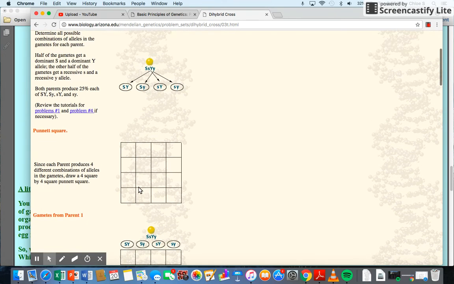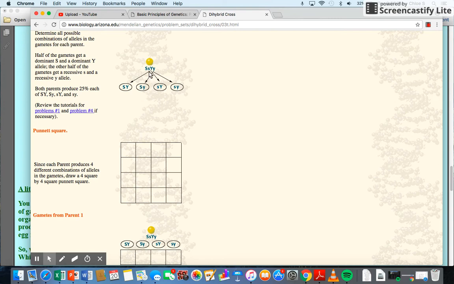In order to find out what your parentals are that go up here and what goes down here, you have to do a mini Punnett square off to the side. You take big S and big Y. You know that those go together, so they go right here. You then take little s and big Y, they go right here. You repeat that for the other two.